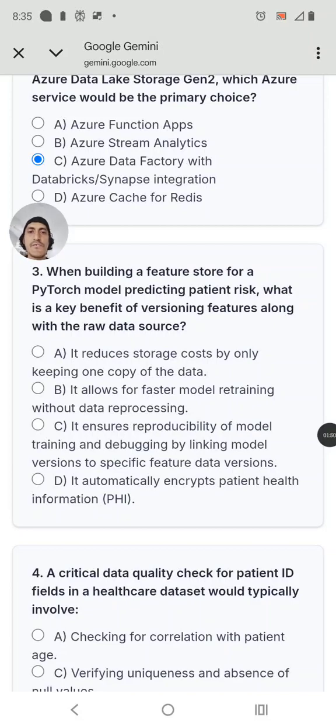When building a feature store for a PyTorch model predicting patient risk, what is a key benefit of versioning features along with the raw data source? It reduces storage costs by only keeping one copy of the data.